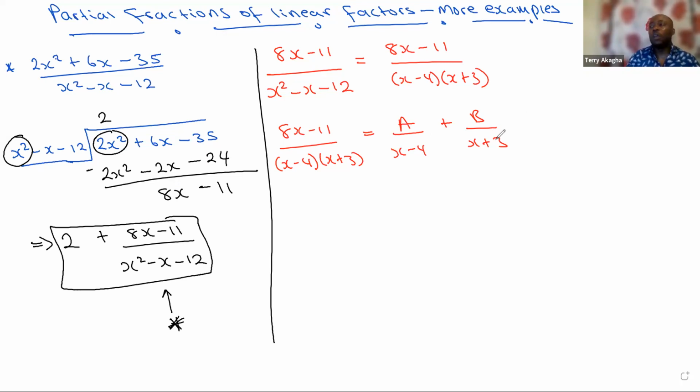Step 4, I told you, is that you then need to multiply both sides by the denominator. So we're going to do that now.